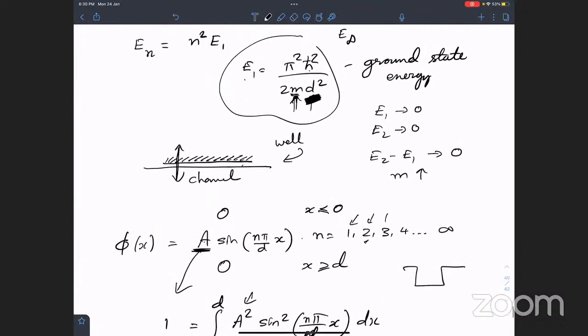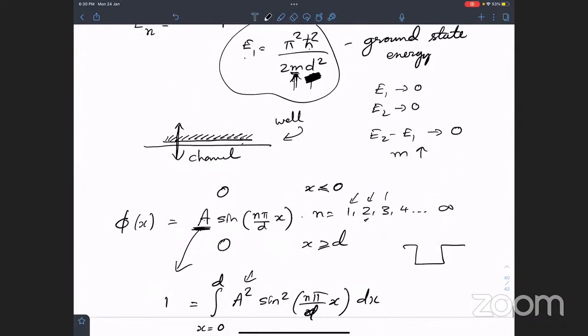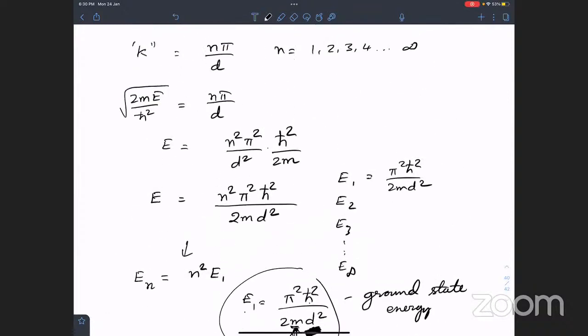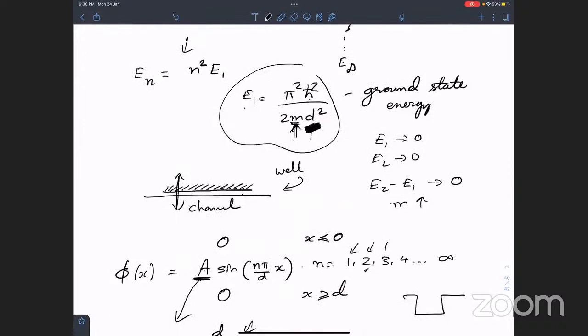Any confined quantum state is always going to have only a discrete number of energy eigenstates. It could be countably infinite, but they're going to be discrete. Remember the difference from free space, where energy could be any value. Free space is spread everywhere, it's delocalized. But when confined, it's localized.